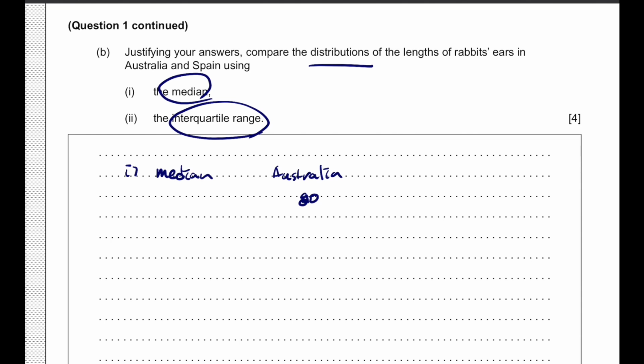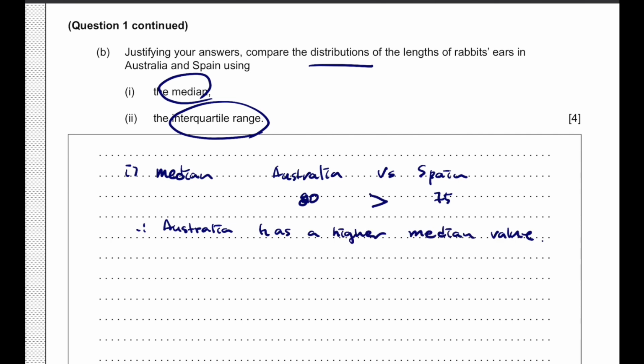And the median value for the length of the rabbit ears in Spain is equal to 75. From these values, we know that the Australian median value is bigger than Spain's. So since Australian rabbits have a higher median value, it means on average, the rabbits in Australia have longer ears than the ones in Spain, right?